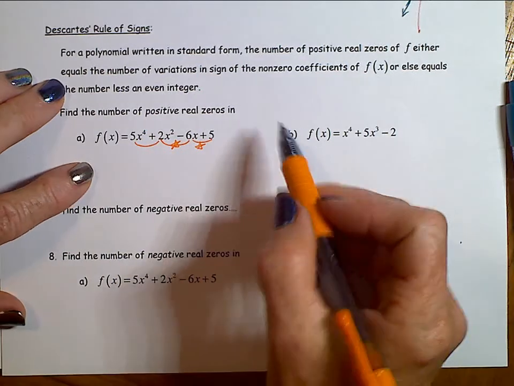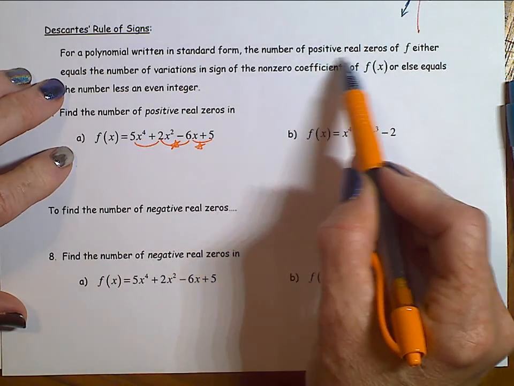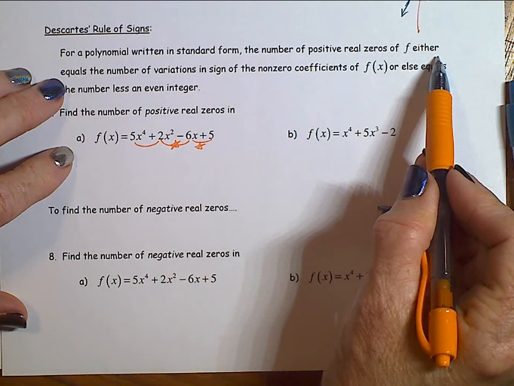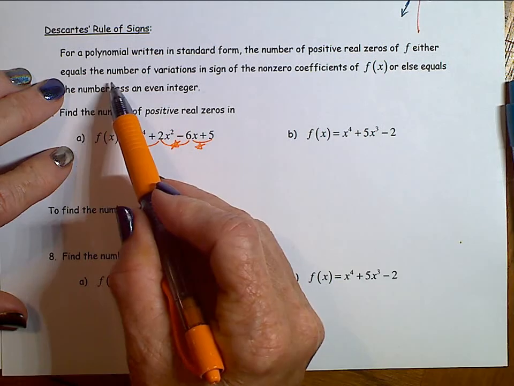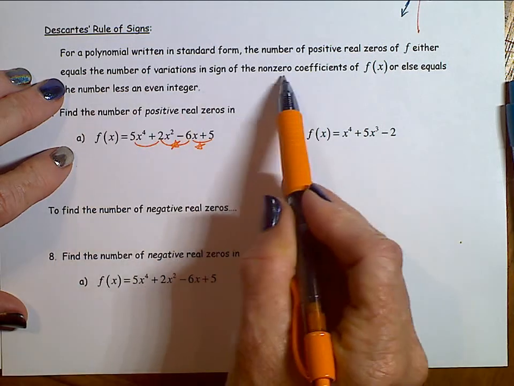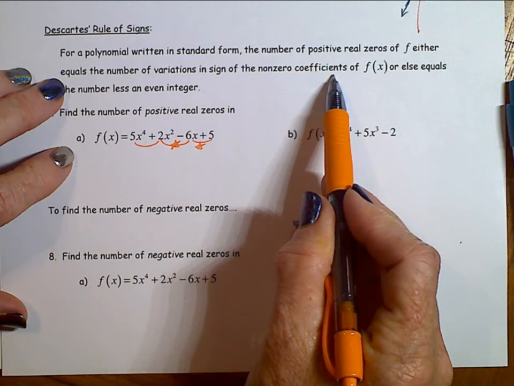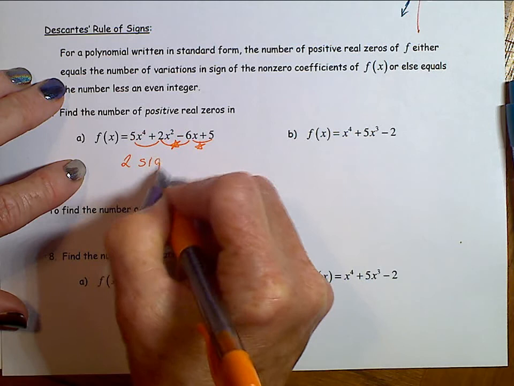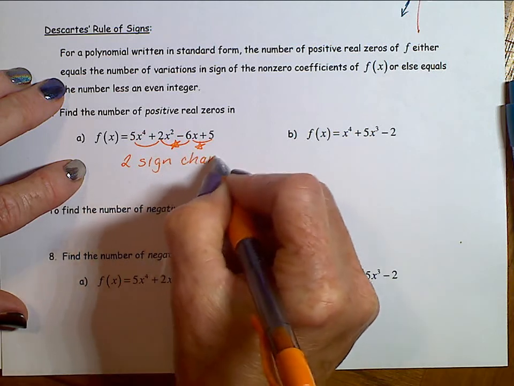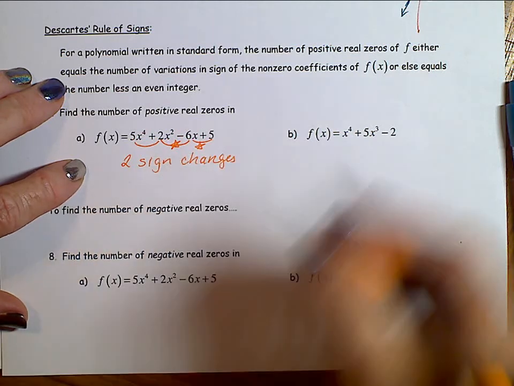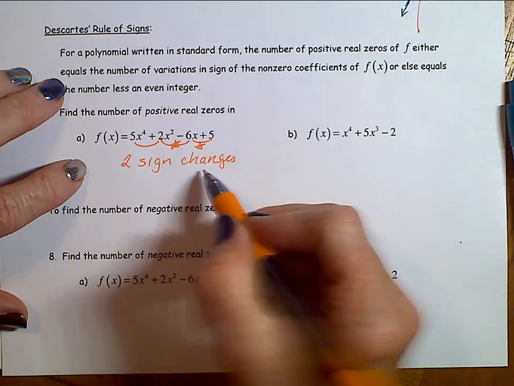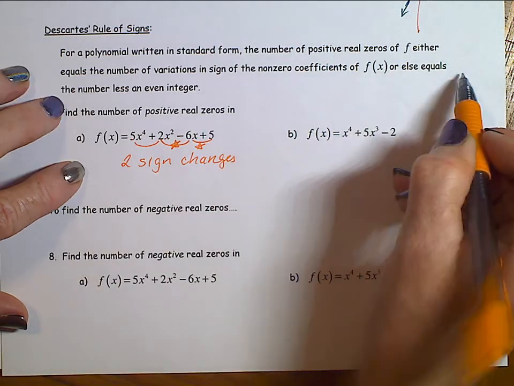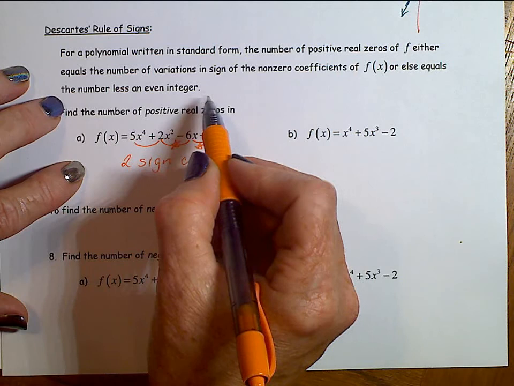So again, the number of positive real zeros of that function either equals the number of variations in sign of the non-zero coefficients. Okay, variations in sign, we had 2 sign changes. So it equals that number of sign changes, or else it equals the number less an even integer.